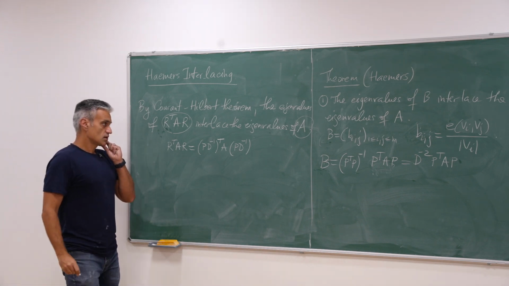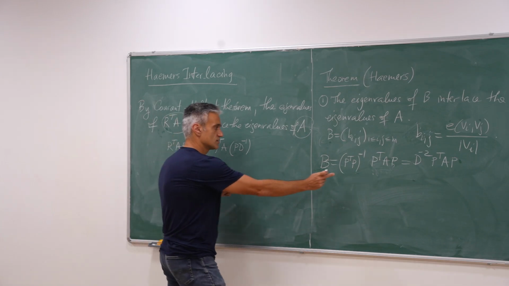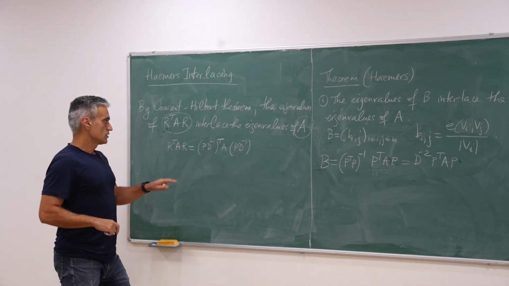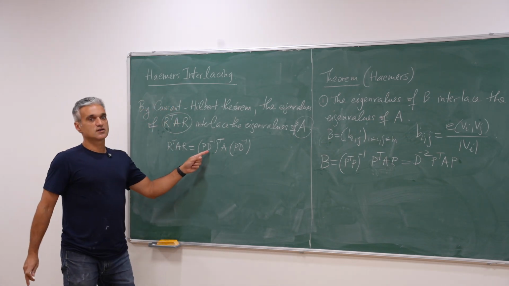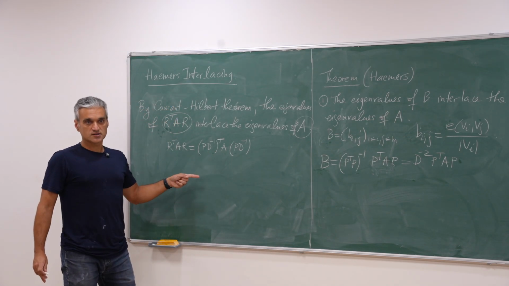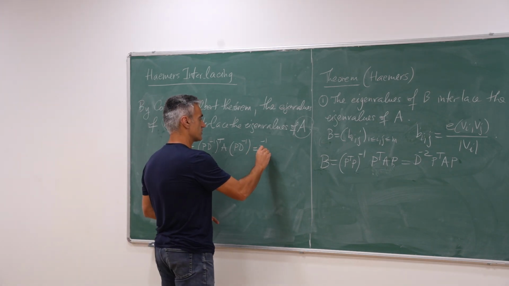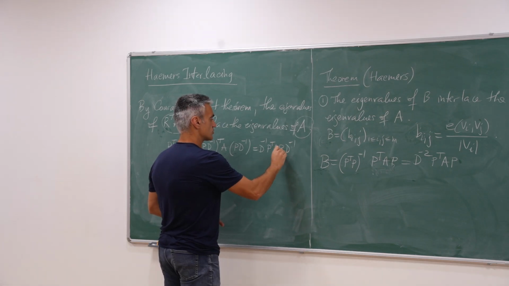On this side, you leave it like this because it looks like AP. Now, here it's a transpose. You're lucky here because D minus 1 is a diagonal matrix, so it stays the same. So it's D minus 1, P transpose A, P, D minus 1.